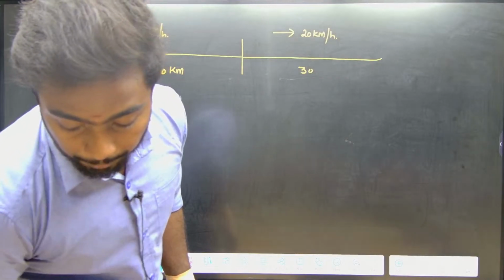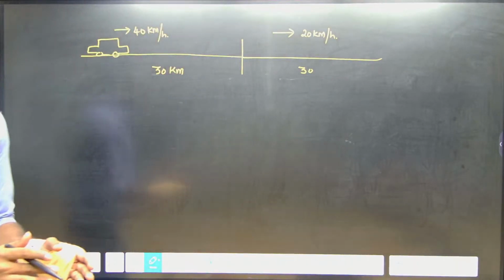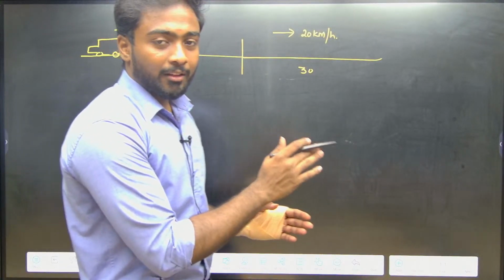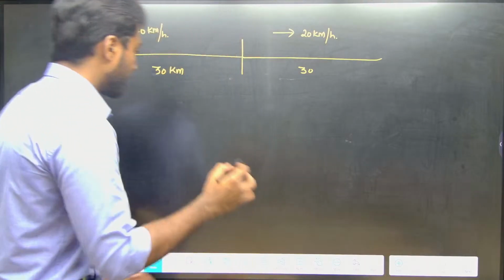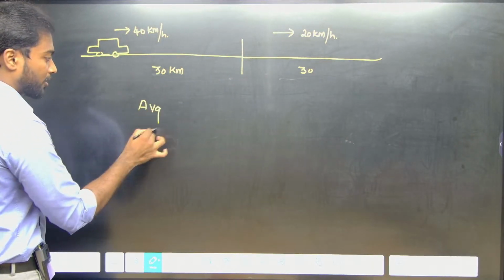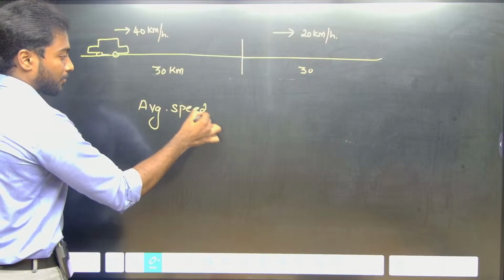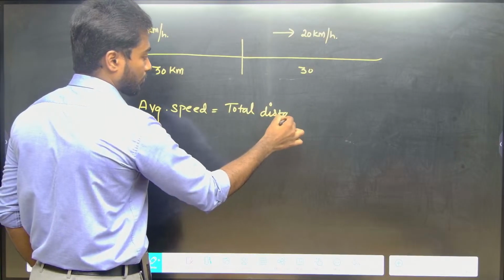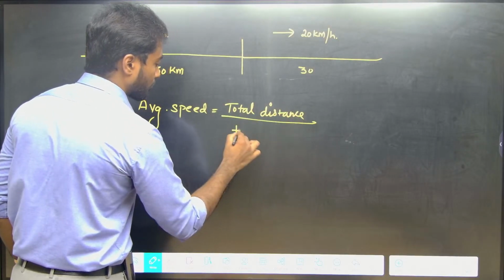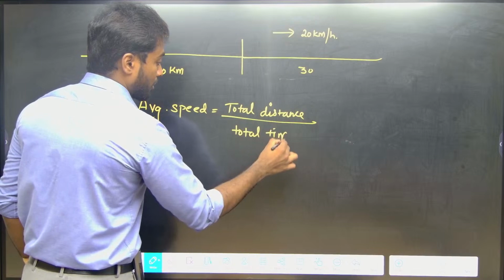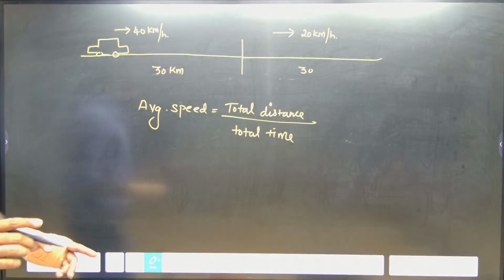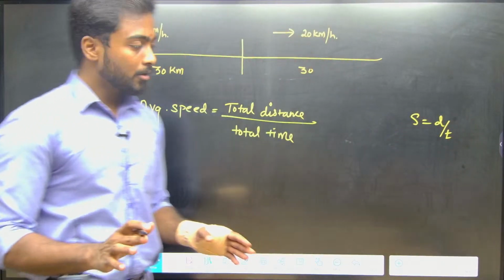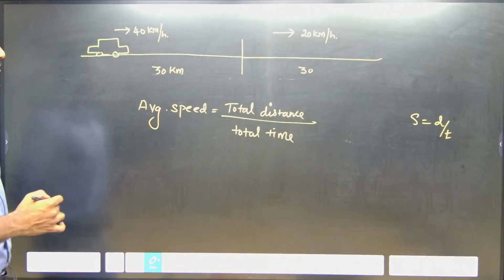Okay. So, simple. Whenever we are doing average speed, let us go with the formula point of view. Average speed is nothing but total distance by total time taken, right? What is the average speed formula? Total distance by total time taken. And side by you write speed equals to distance by time also. Got it? Distance, how much they have given?